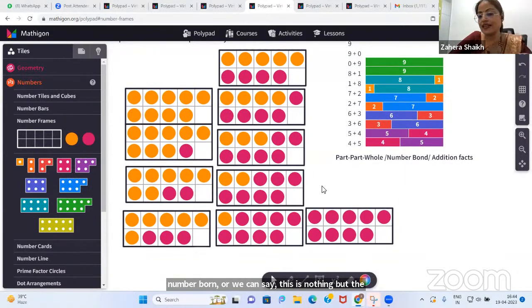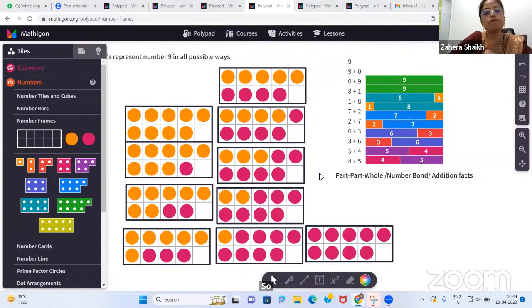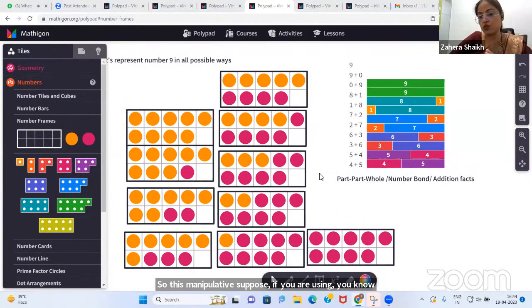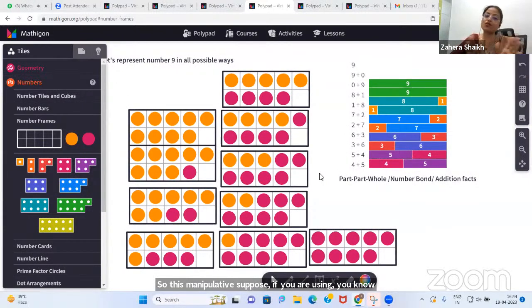So this manipulative, suppose you are using it with a group of 25 students, you can divide the class into two groups, give them a few tens frames and ask them to work in groups and represent the numbers. And once they are done with their representation, then they pose questions to reason their combinations or the work that they have done.